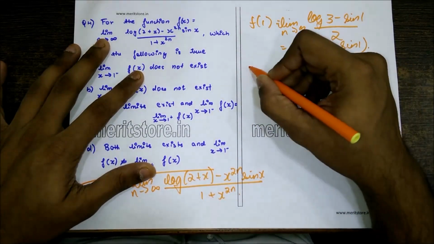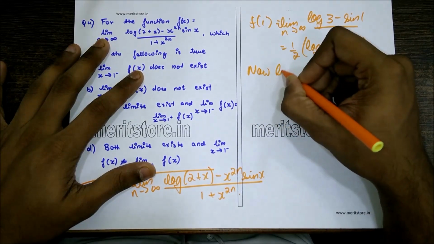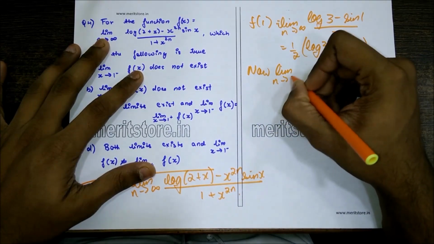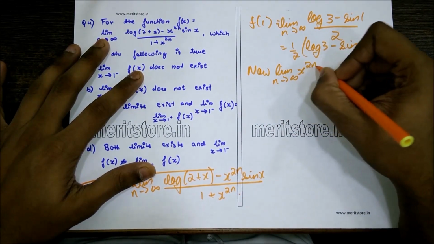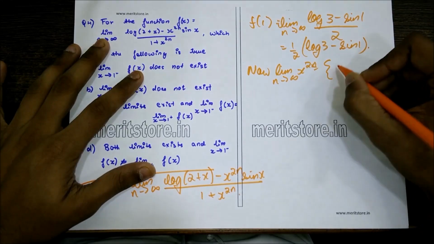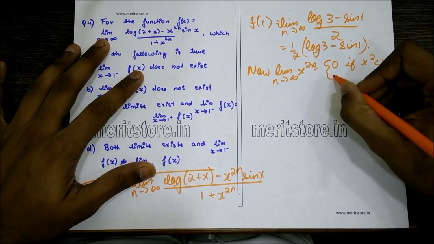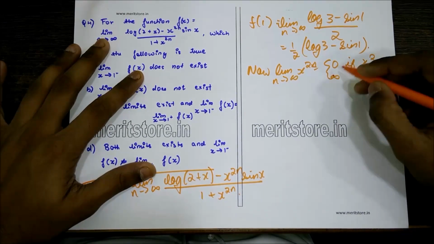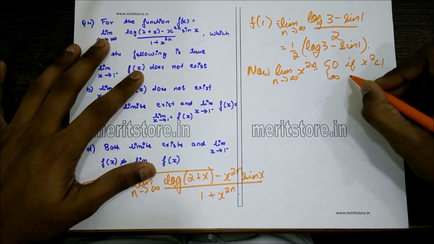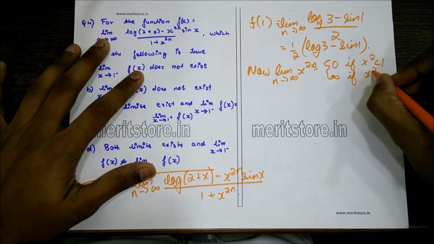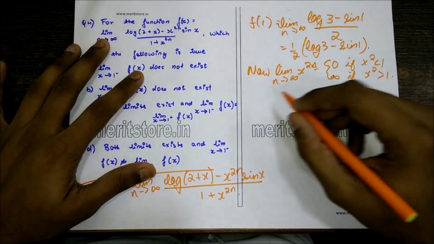Now we can say limit of n tends to infinity x raised to 2n is equal to 0 if x square is less than 1 and it's infinity for x square greater than 1.